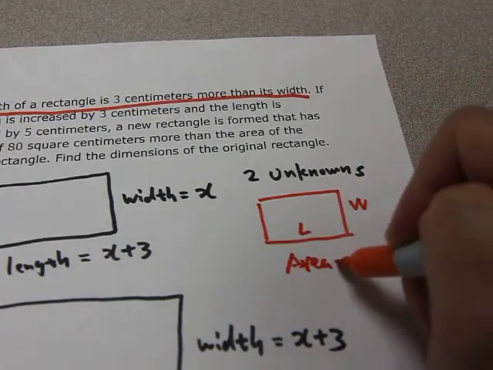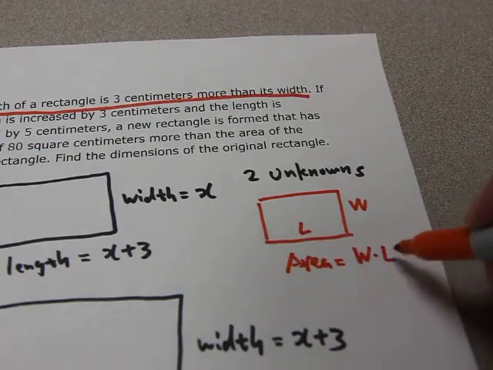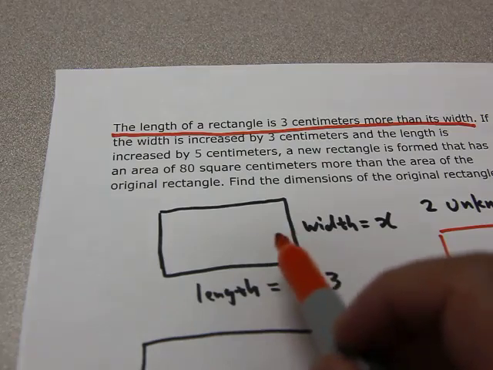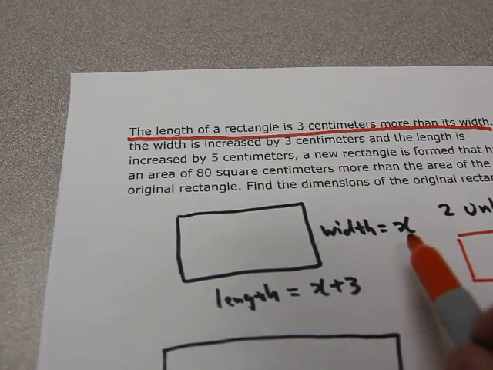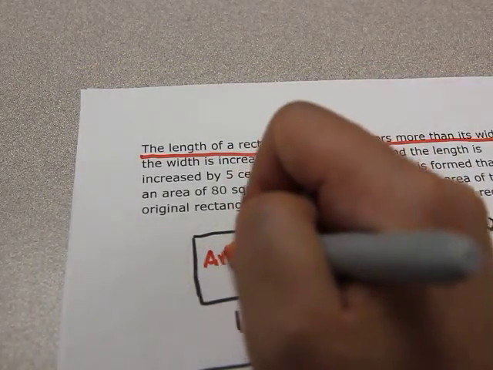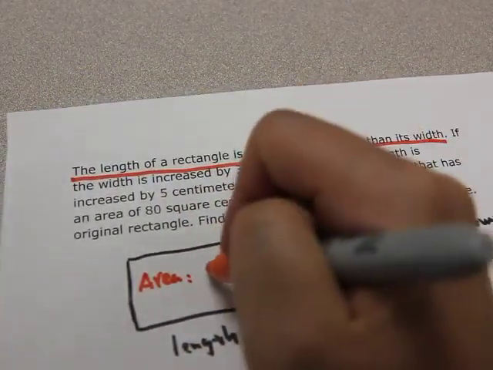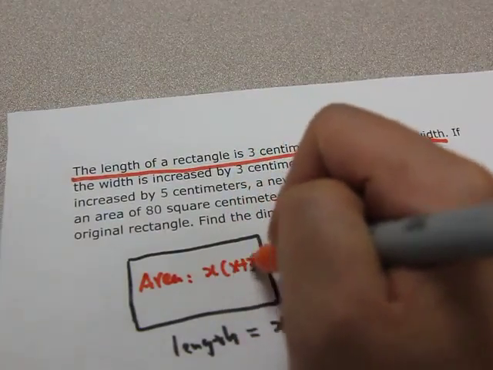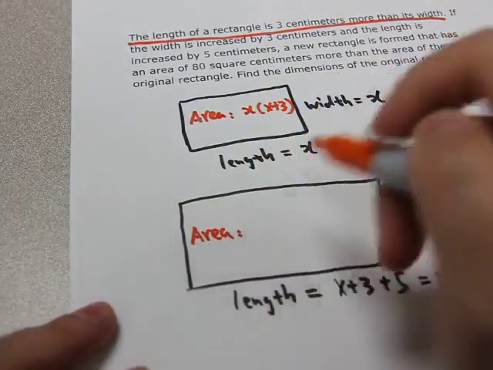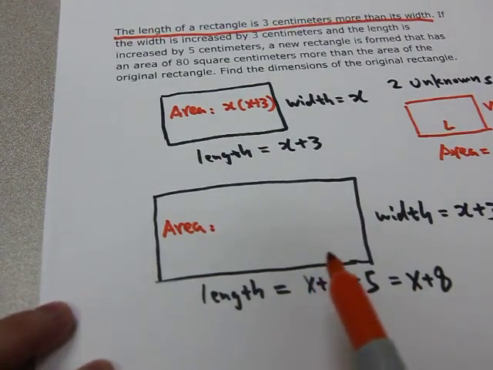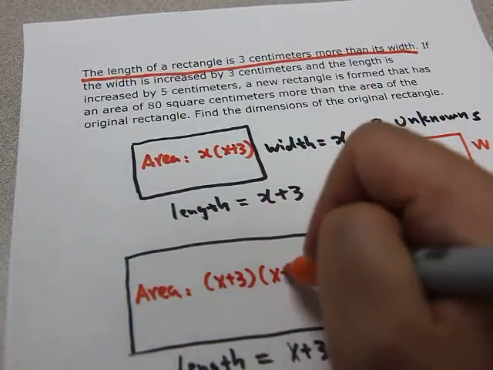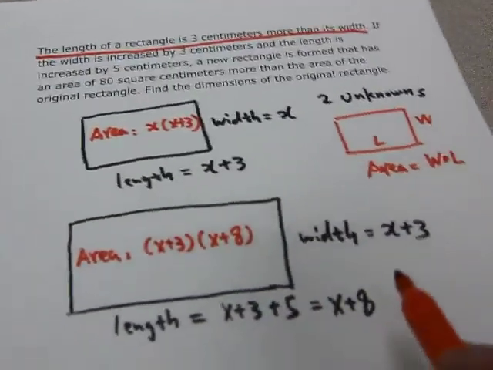The area is the width times the length, right? So therefore, for the original rectangle, if the width is x and the length is x plus 3, then the area we can represent as x times x plus 3. And similarly, for this new rectangle, the area we can represent as x plus 3 times x plus 8, right?